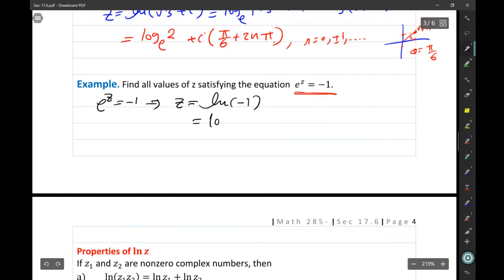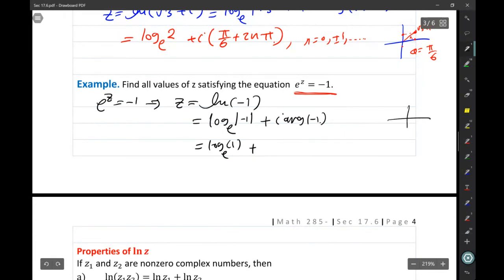This one becomes log of the absolute value of -1 with base e, plus i times the argument of -1, which equals log of 1 with base e. Where is -1? This is -1. Its argument is pi. Plus i times pi plus 2n pi, n equals 0, plus or minus 1.